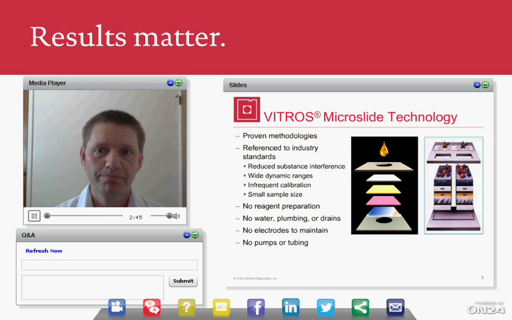Some of the general benefits of this technology are that it's a very well-proven technology. It has been in use in clinical labs for about 30 years. It has the potential to significantly reduce a variety of interferences. Some of those I'll be talking about today.